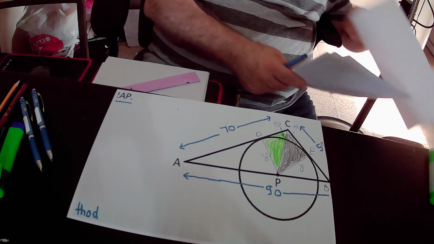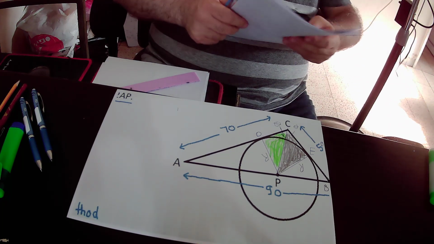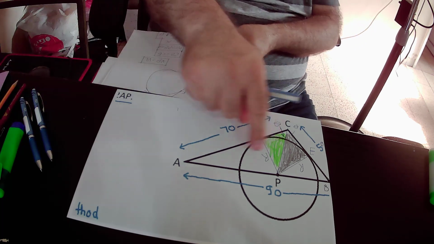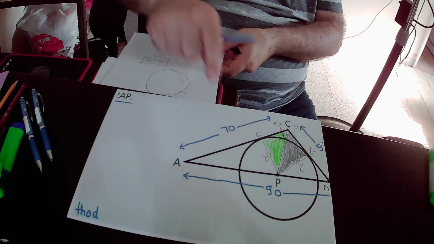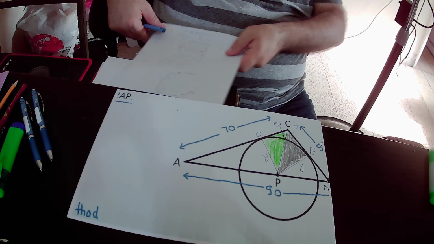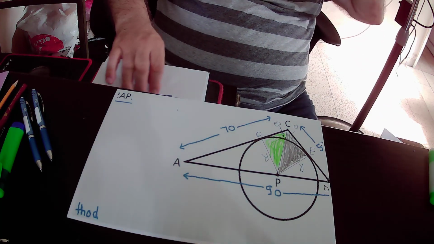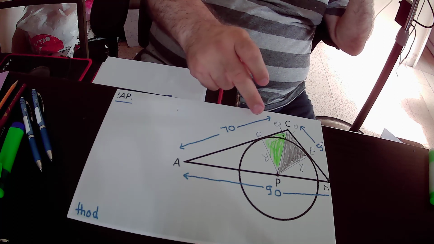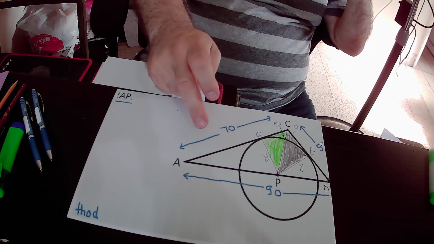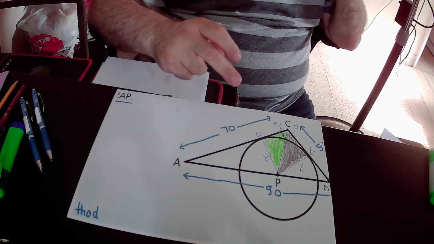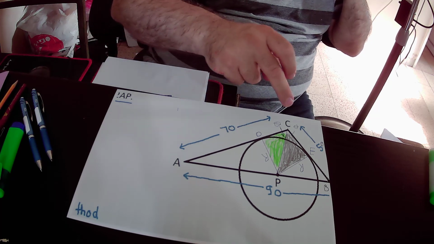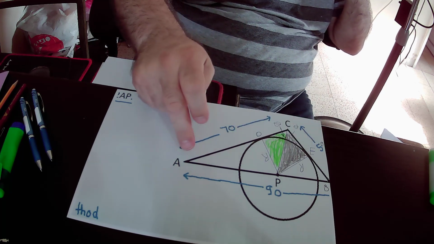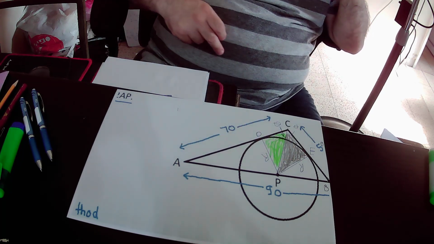Actually, we wanted to find the value of 2 times AP, and we have a triangle in which side AC equals 70 units, side CB equals 50 units, and side AB of the triangle equals 90 units.